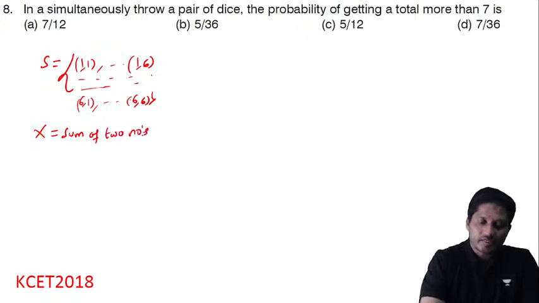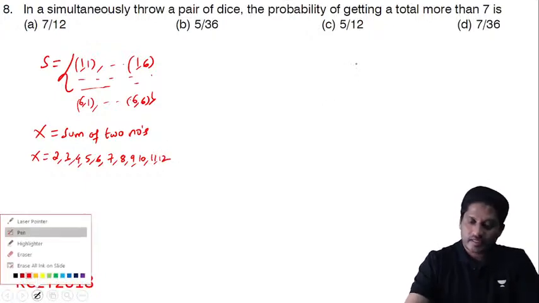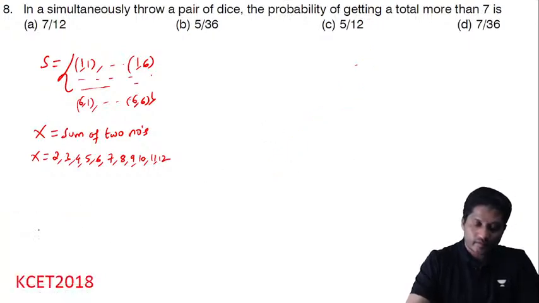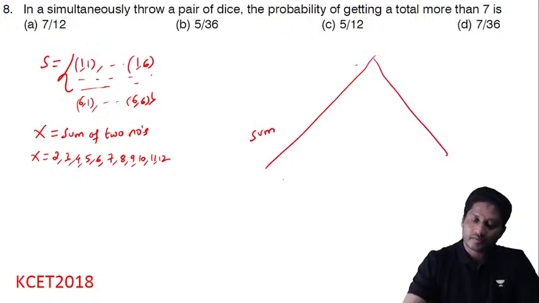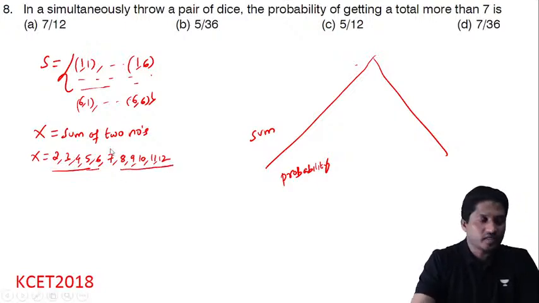When two dice are rolled, the minimum sum is 2, maximum is 12. That is 2, 3, 4, 5, 6, 7, 8, 9, 10, 11, and 12. Right, so take it like this. 5 on the left, 5 on the right, the middle term is 7.